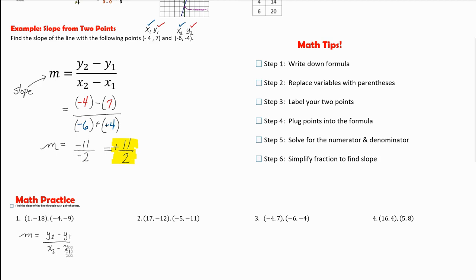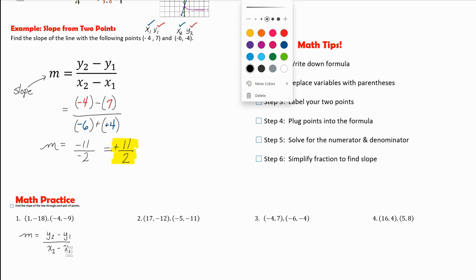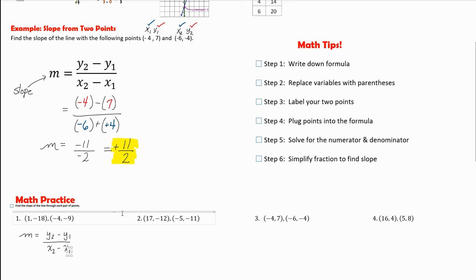Now we need to replace those variables. Let's go ahead and erase this right here. There you go. We're going to replace those variables with parentheses: y sub 2 minus y sub 1 all over x sub 2 minus x sub 1.